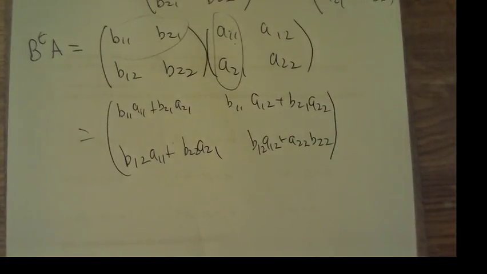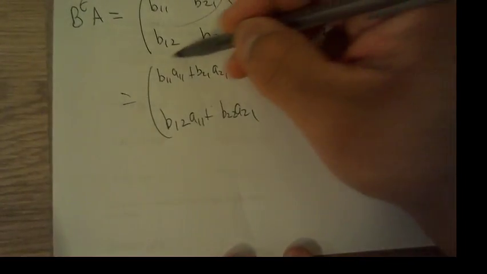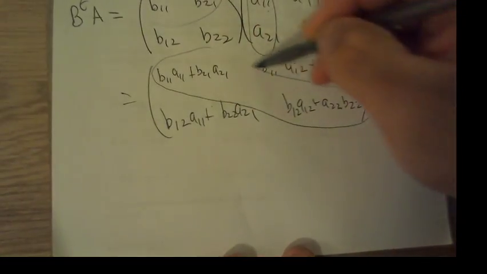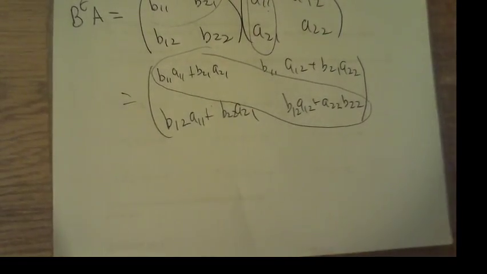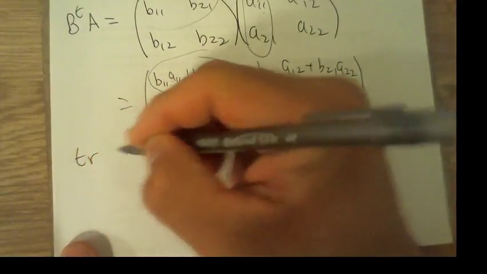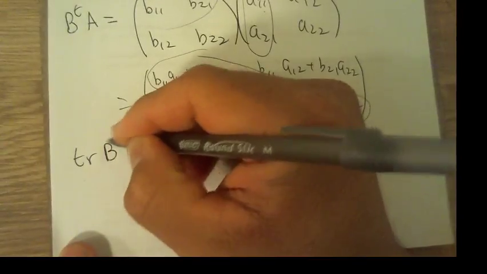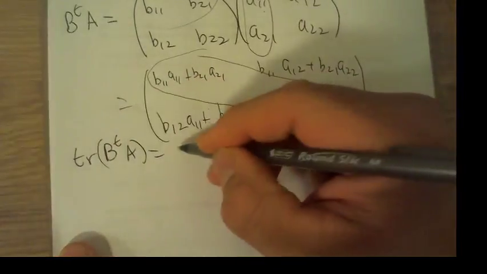All right. And now if we look at the trace of this matrix, the trace of this matrix is the sum of those numbers. So the trace of B transpose A would be this sum.